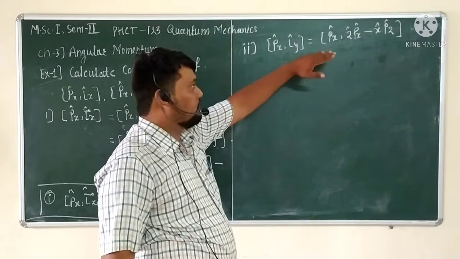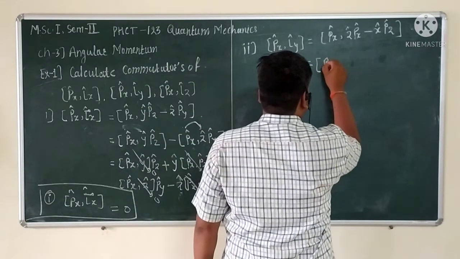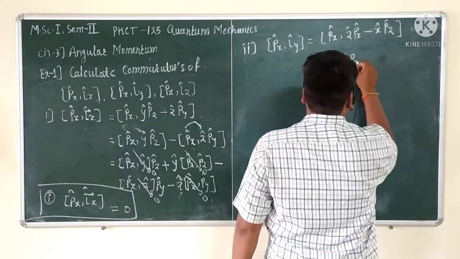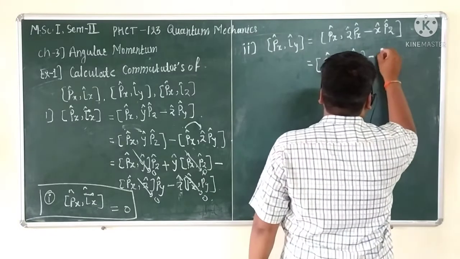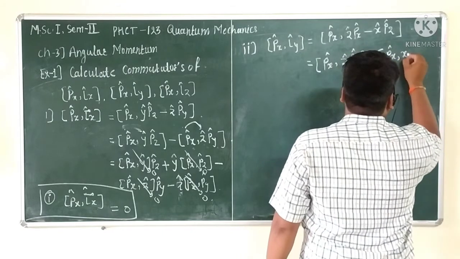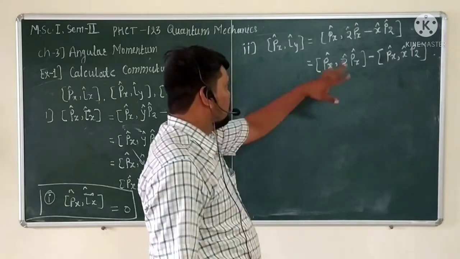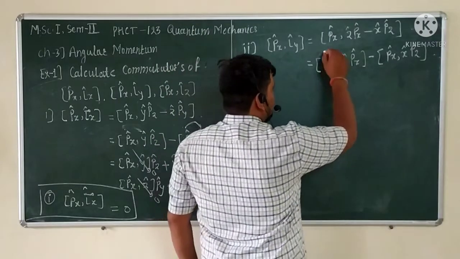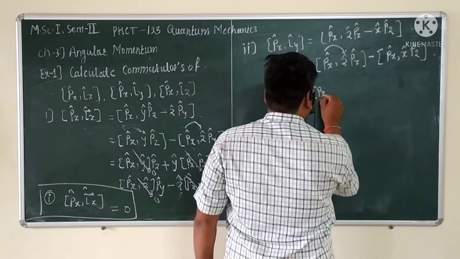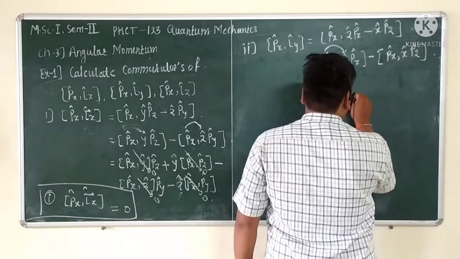If you split this commutator bracket, the result becomes px cap comma z cap px cap, minus px cap comma x cap pz cap. If you commute this, first px cap commutes with z cap, so the result is px cap comma z cap outside of this px cap.